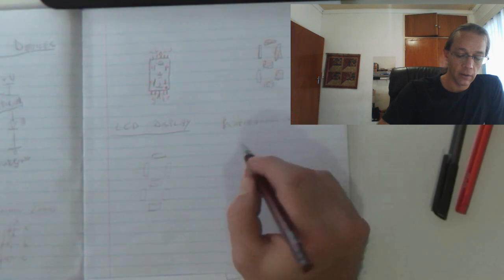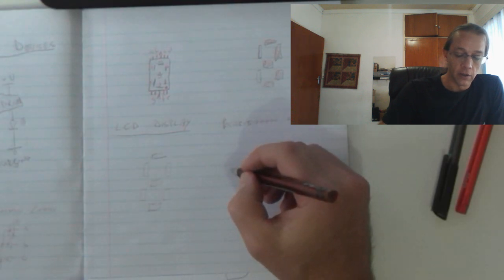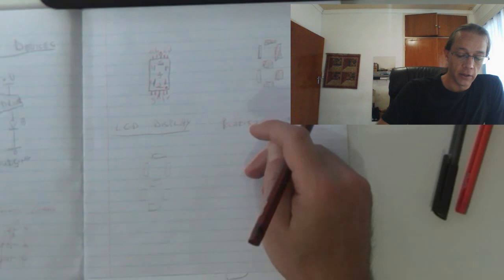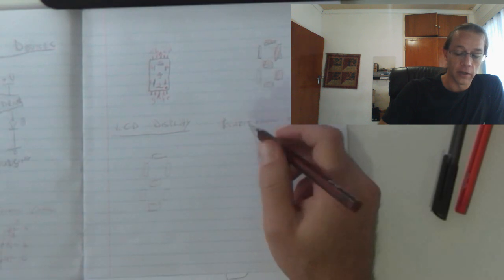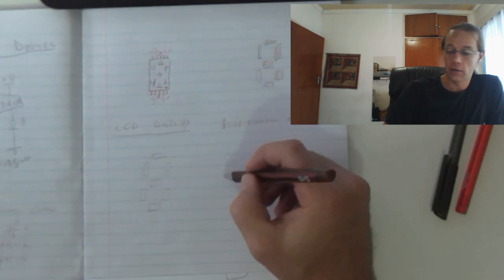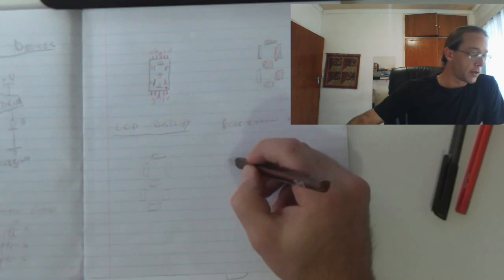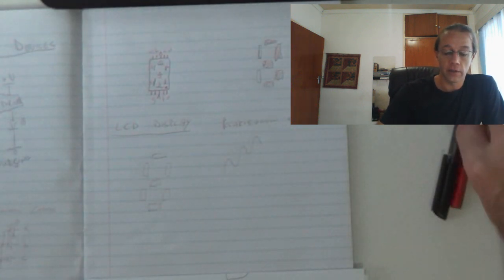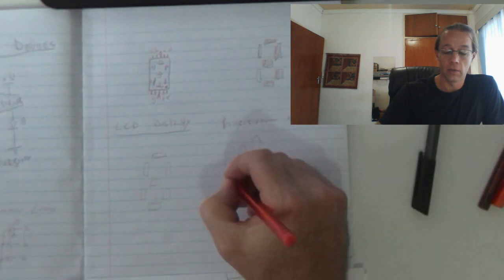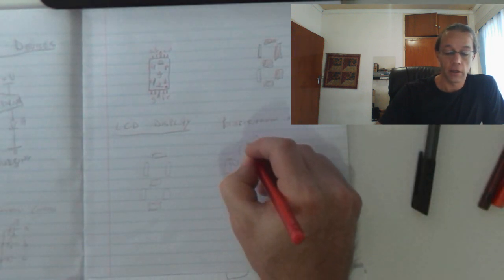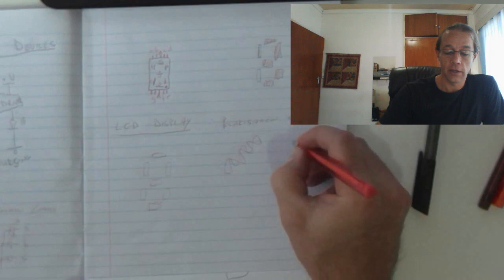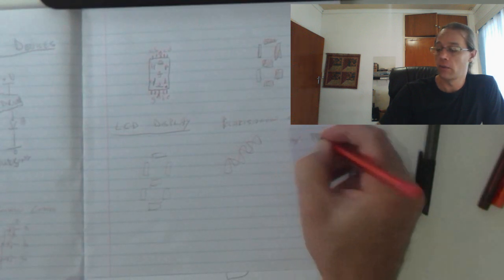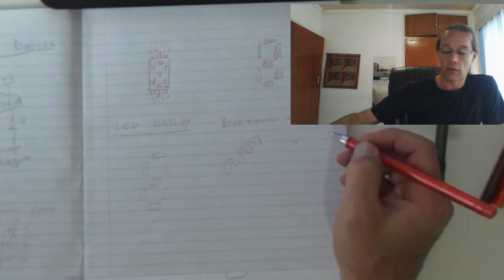Now, as light is an electromagnetic signal, the signal has two axes. Firstly, you've got the electric signal, and secondly, you've got the magnetic signal, and those two signals typically are 90 degrees out of phase with each other.